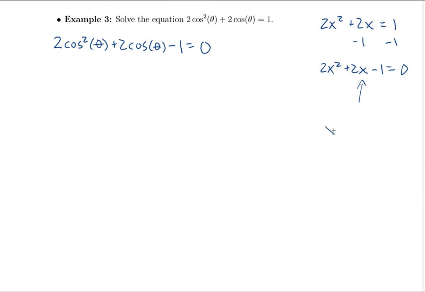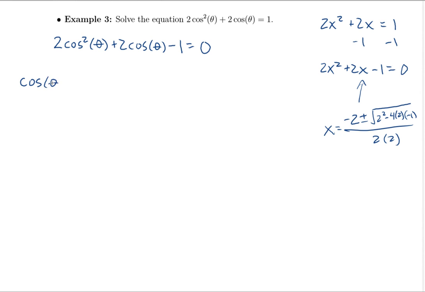You would just say x equals -b plus or minus the square root of b squared minus 4 times a times c, all divided by 2a. You do the quadratic formula. Well, we are certainly allowed to do that as well. It's just that the cosine of theta, that is our x.